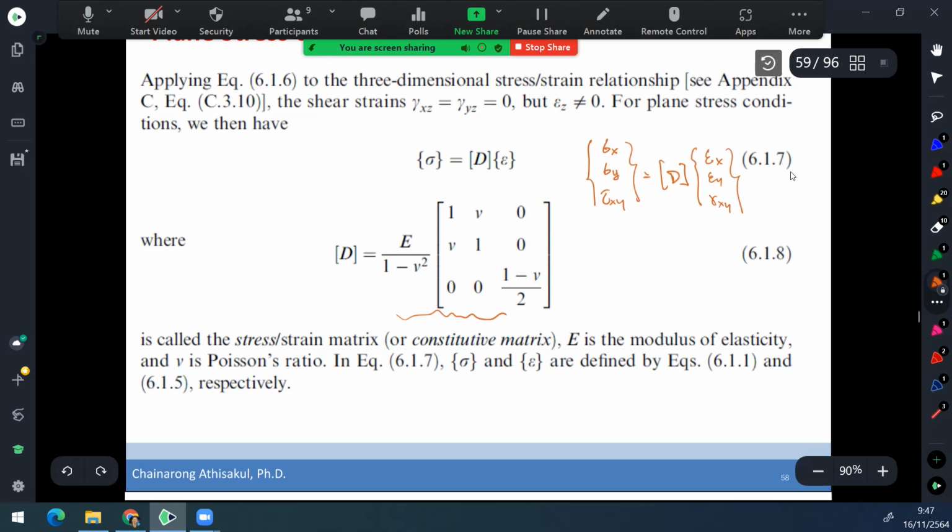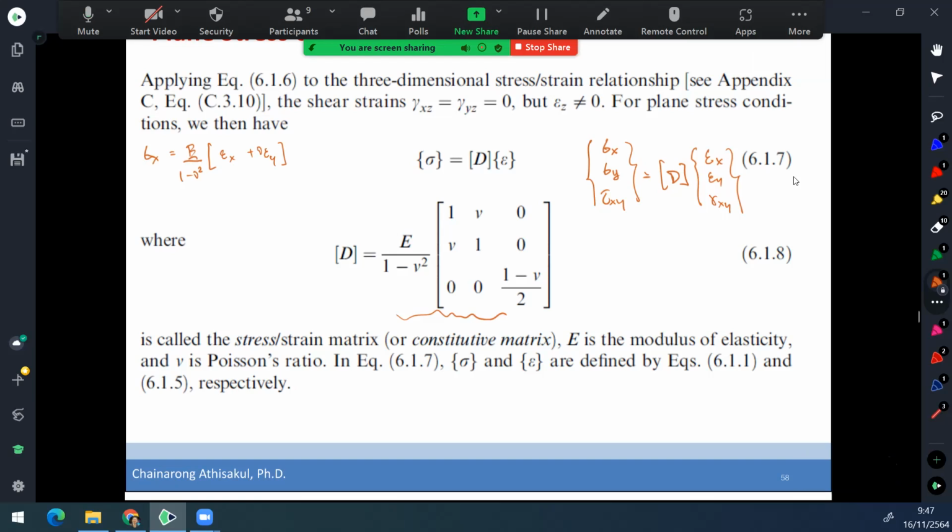Gamma xy. For this case, you see that sigma x is equal to, from the previous equation that we derived, E over 1 minus mu square, and epsilon x plus mu epsilon y, if you compare with the above derivation.